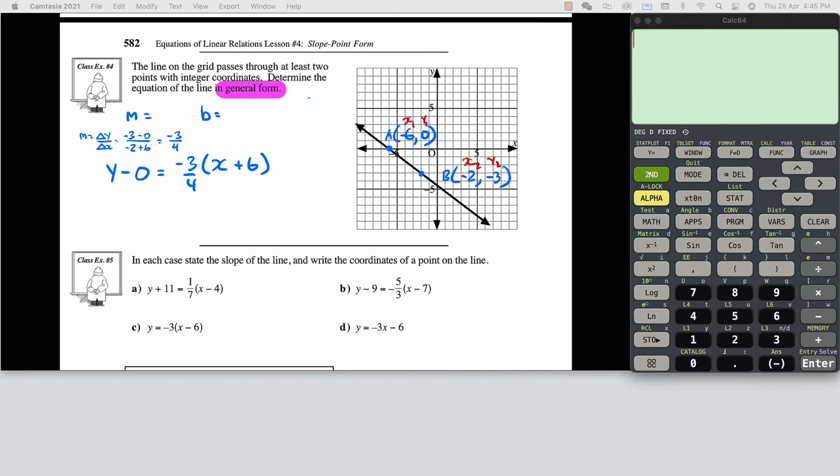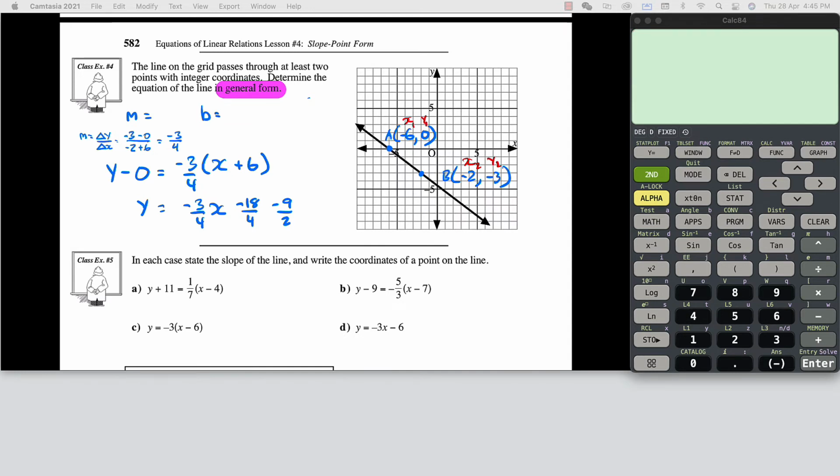So in this case, y minus 0 is just y, and that's going to equal negative 3 over 4 times x becomes negative 3 over 4x, and negative 3 times 6 is negative 18 over 4, and we could reduce that down to a negative 9 over 2.